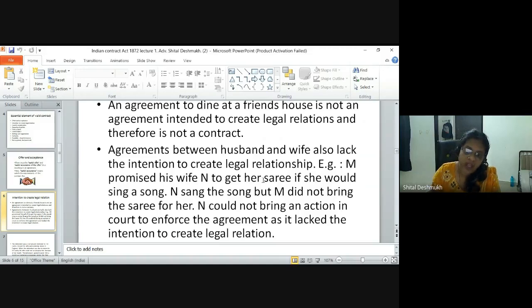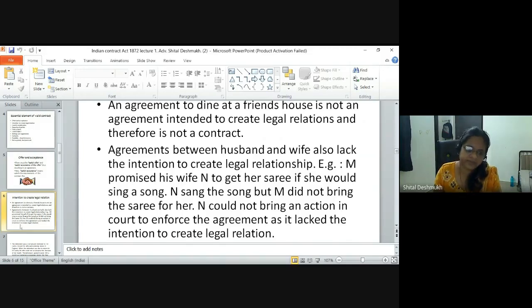For example, M promises his wife N to get her a sari if she would sing a song. N sang the song, but M did not bring the sari for her. So N could not bring any action in any court to enforce the agreement.